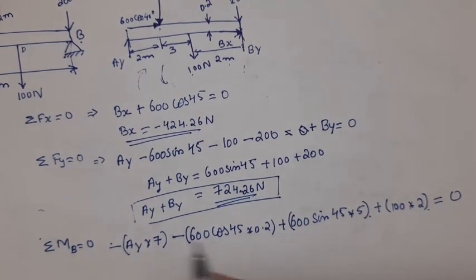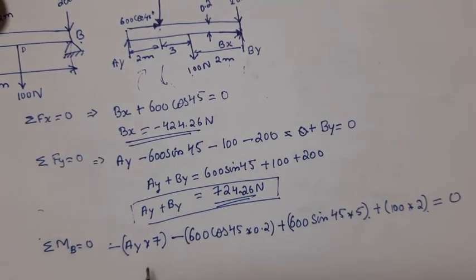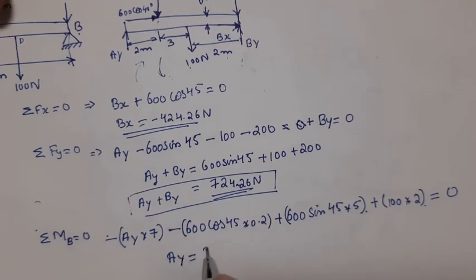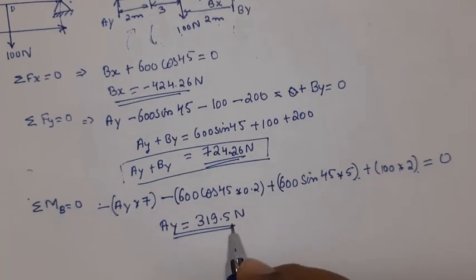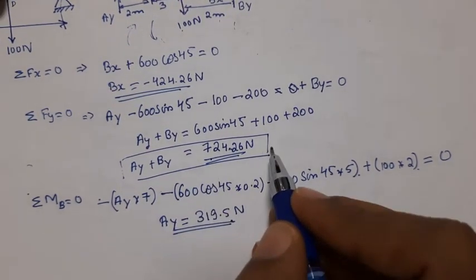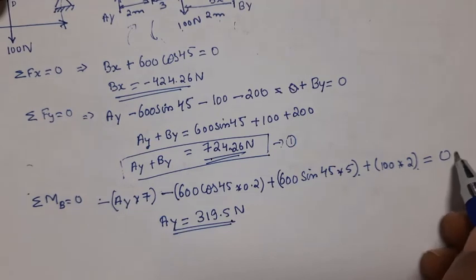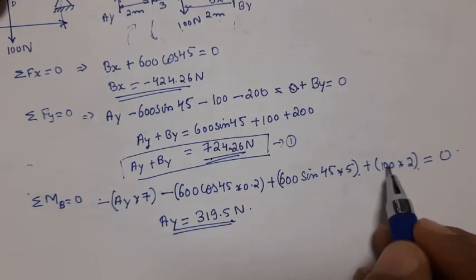By calculating this value, what we get here is Ay equal to 319.5 Newton. Now substitute this in the other equation. You can consider this as equation 1, and this is the second equation.